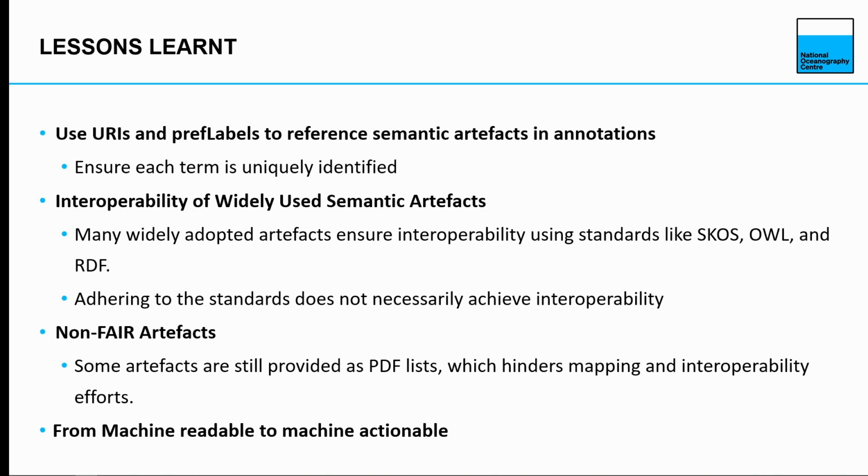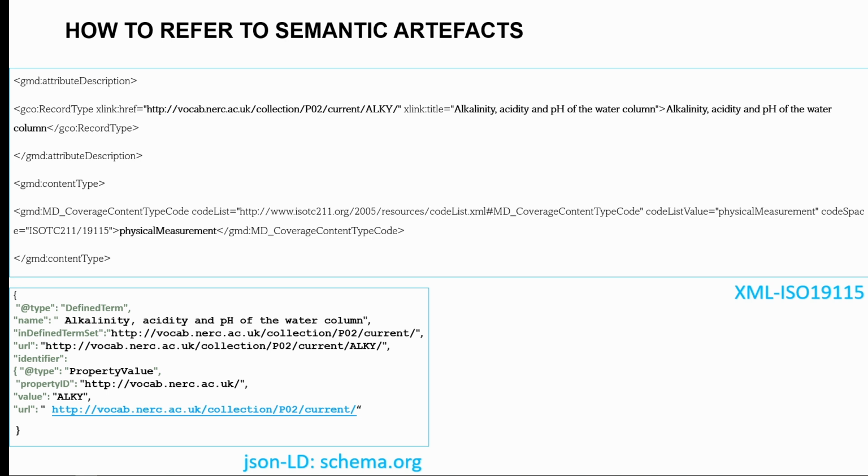We found that there were many FAIR semantic repositories, but there are several that are not FAIR because they are provided as PDF lists or HTML pages on the web, and this hinders interoperability. And just another note to keep in mind that FAIRness is important because it enables machines to act, and we have to take all this knowledge that is in our minds and get it out to the machines.